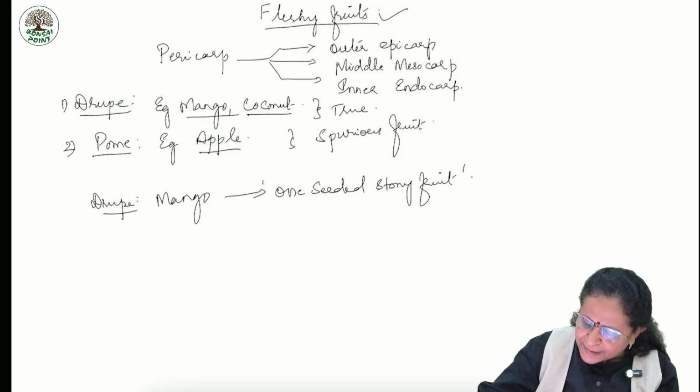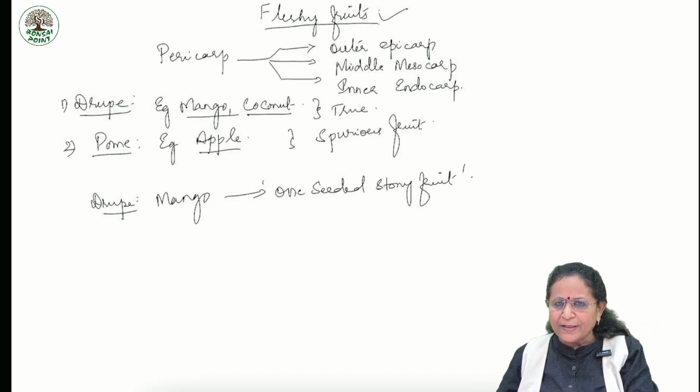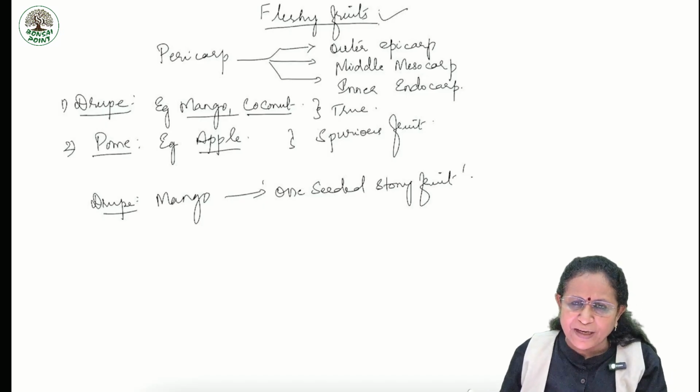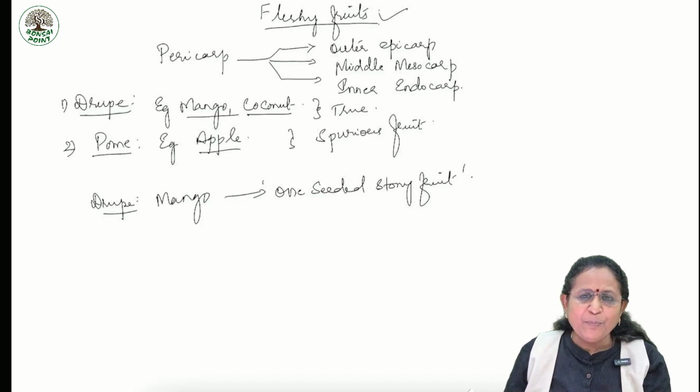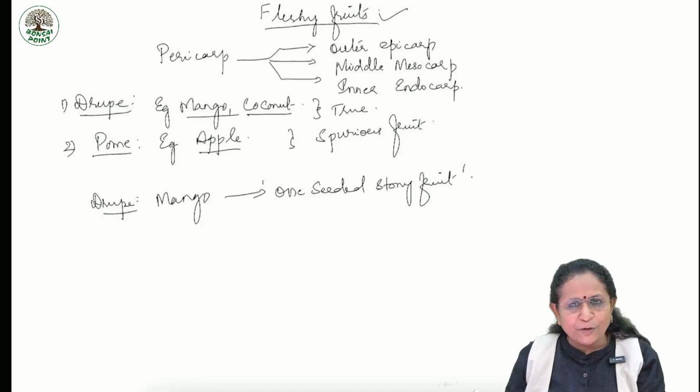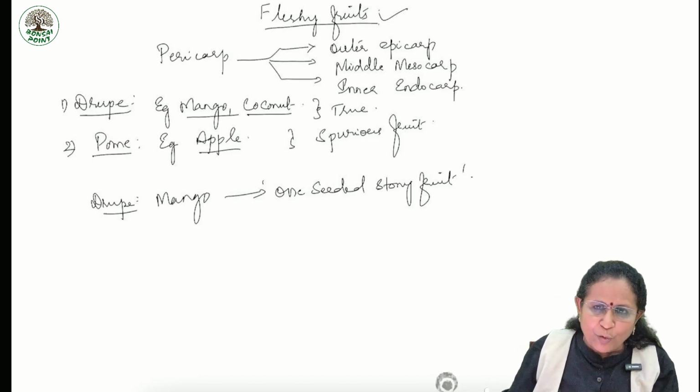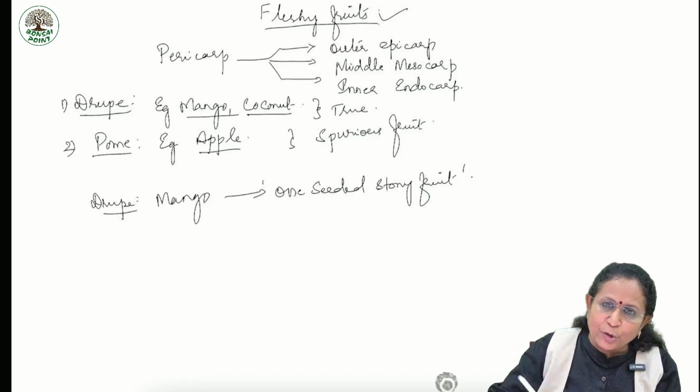I will tell you the reason. What are drupes called? They are said to be one-seeded stony fruits. First introduction is what? You have to write, drupe is a type of fleshy fruit wherein the pericarp is differentiated into epicarp, mesocarp and endocarp. Okay. And example is mango. This is a true fruit.